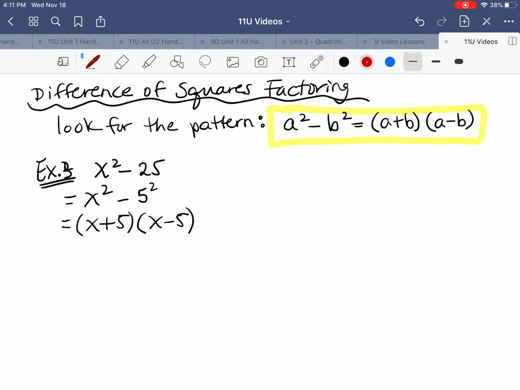Now, to do difference of squares factoring, we need to make sure that we have a negative between our two terms, or a subtraction sign.